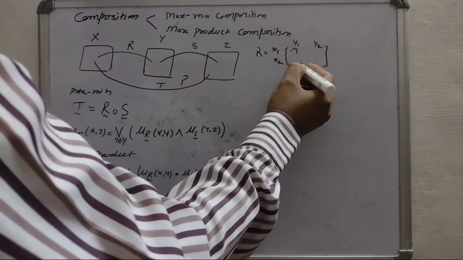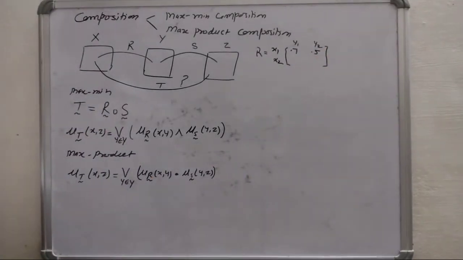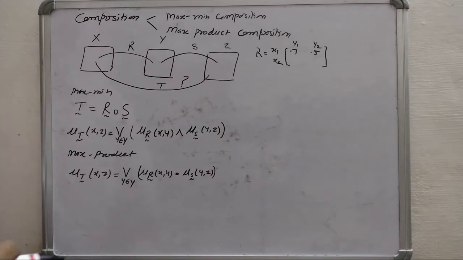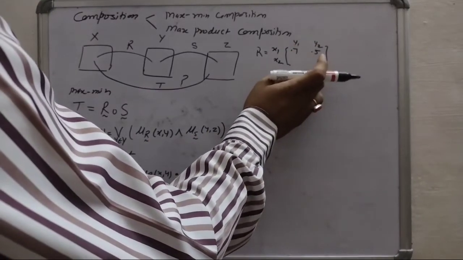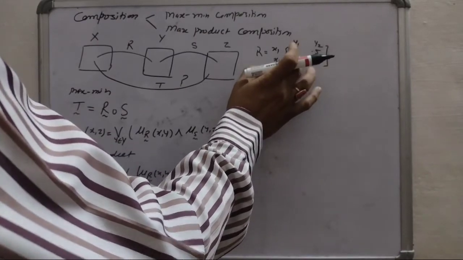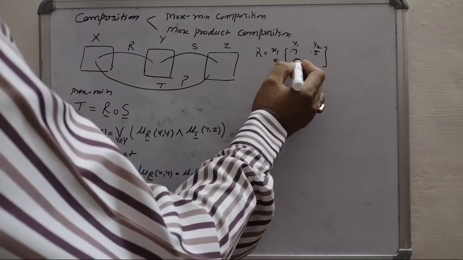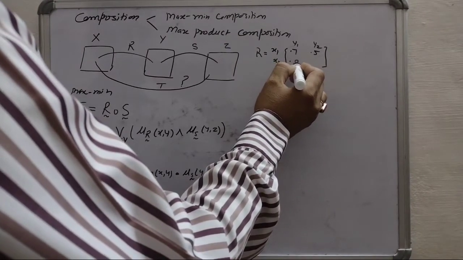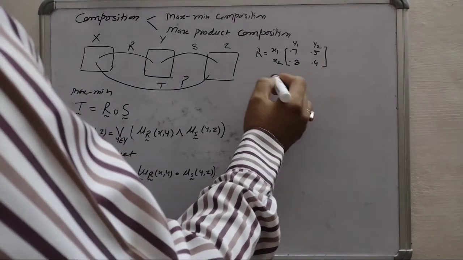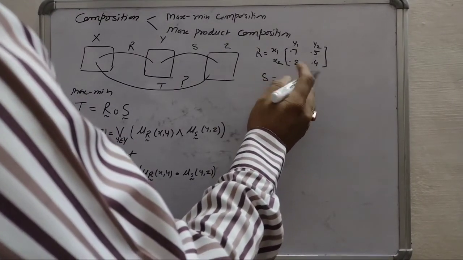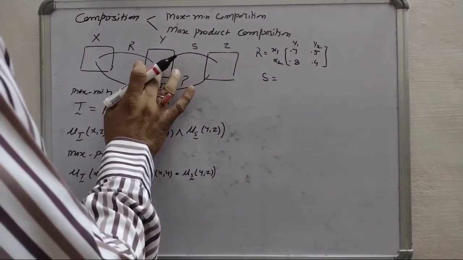Now here you can see the relation values are between 0 to 1, whereas in crisp relations we have seen that these values were either 0 or 1, but here values may be 0, 1 or in between 0 to 1. Then 0.8, 0.4, and S. This is the relation matrix between universe X and universe Y.